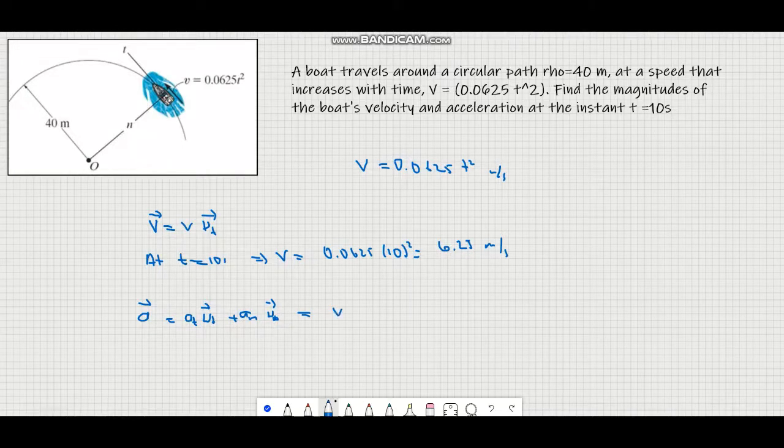It is the first derivative of velocity multiplied by u_t, plus, as we said, the magnitude of velocity square over the radius of curvature, times the normal unit vector.